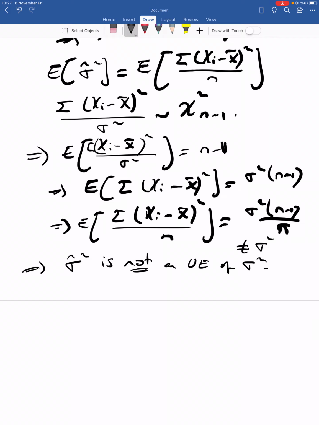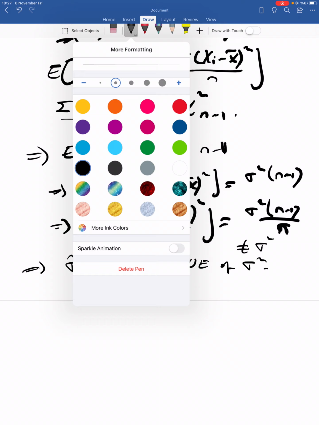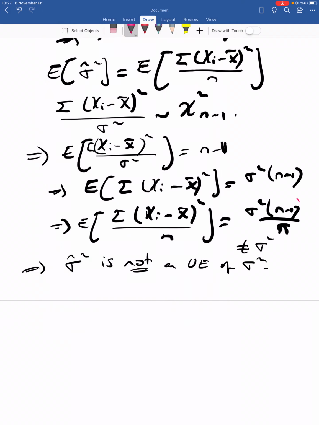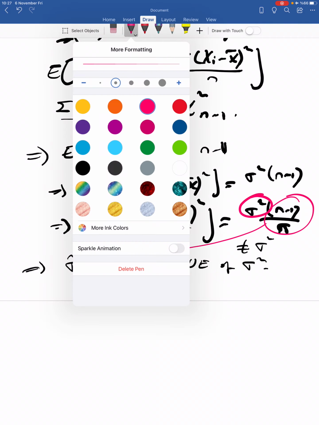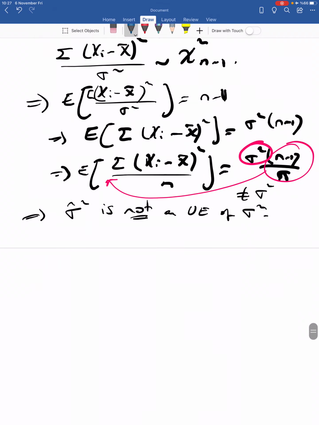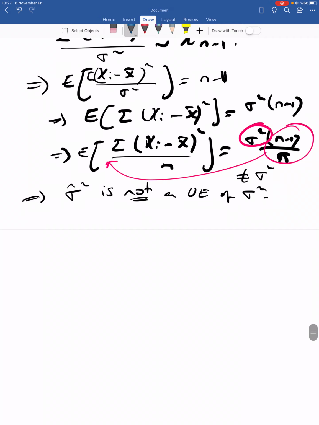But we can obtain an unbiased estimator of sigma square because we have this constant term. If we write this constant term inside of the expectation, then we keep sigma square alone here. Then we can find the unbiased estimator of sigma square as a function of sigma hat square.